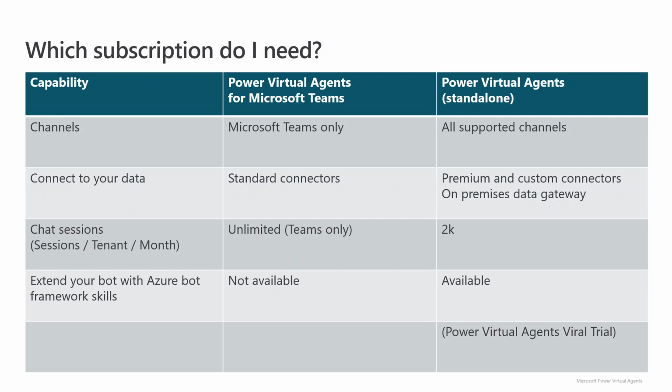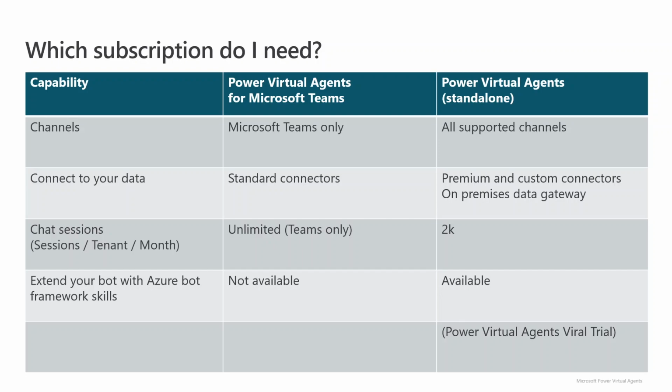And the license is, you can deploy it to all channels. You can use premium custom gateways. Importantly, with the Connect Your Data item, you don't need a separate Power Automate license. Anything that a Power Virtual Agent uses in Power Automate, Power Virtual Agent has these things called Power Automate use rights. So you don't need a separate license for Power Automate.